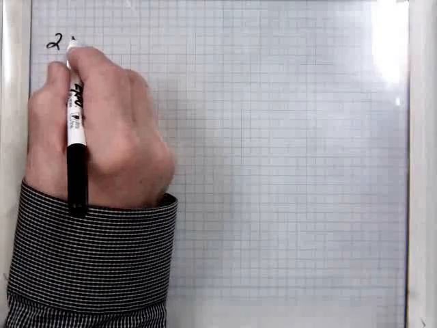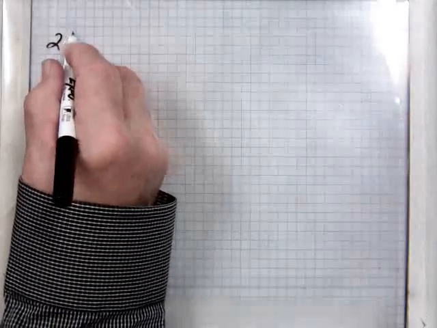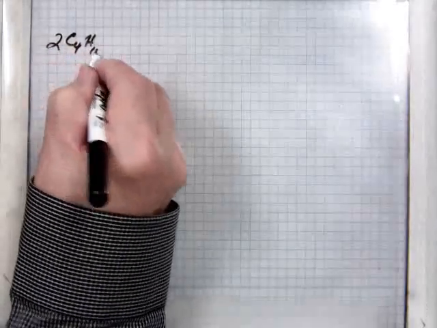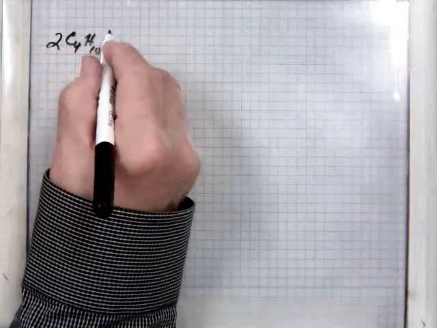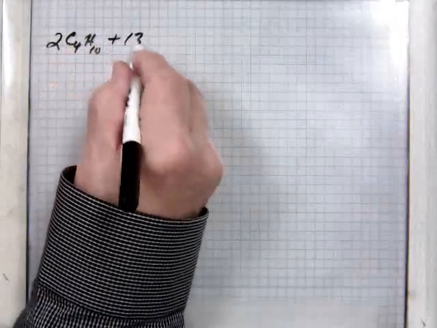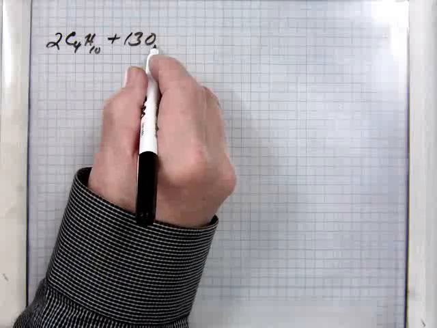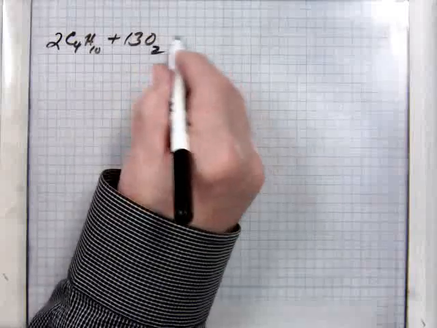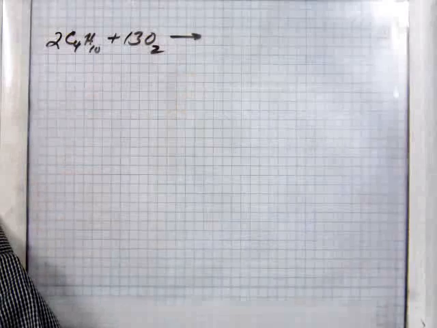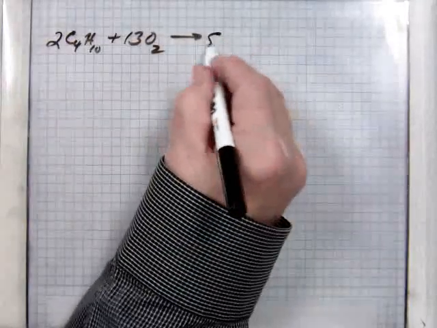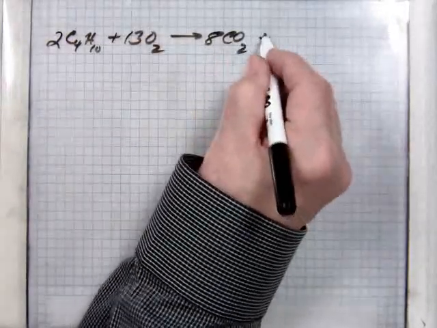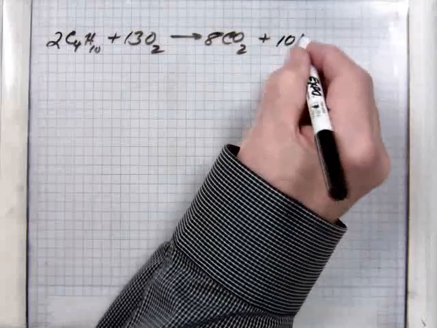We'll take a look at some of the problems and then we'll call it a day. Given the following equation, I got 2C4H10, and that's going to be in a combustion reaction with 13 O2s going to 8 CO2s and 10 H2Os.